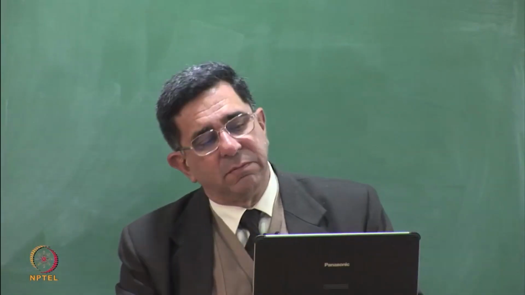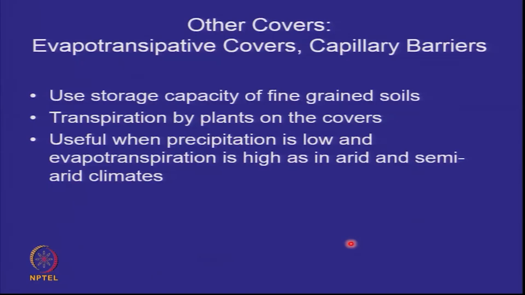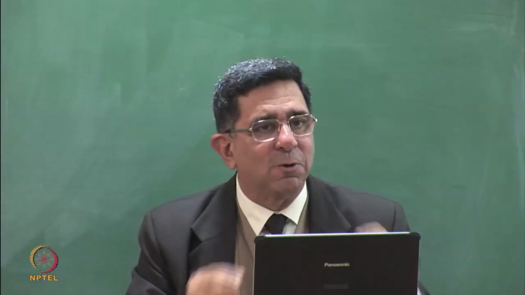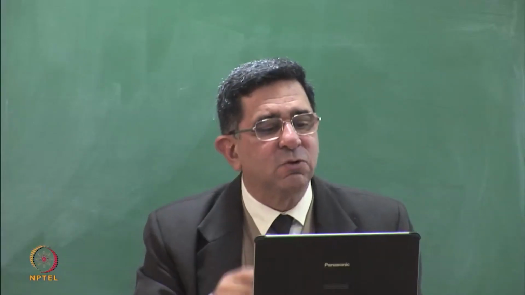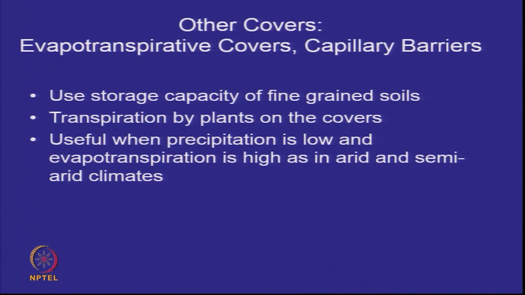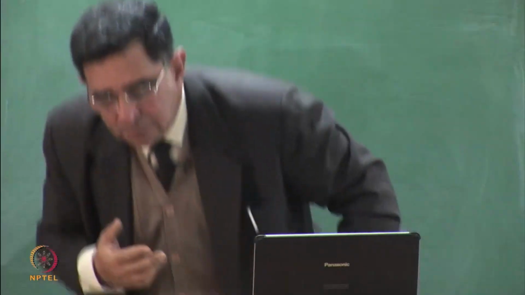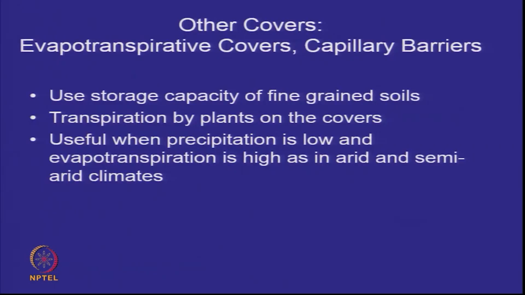Now I'd like to conclude by talking about what we've been discussing: dry tomb landfills, putting in elements which don't allow water to go in. But you will come across two terms which are used very often: evapotranspirative covers and capillary barriers. These are different from the ones we are talking of, and are not yet used in the country but are used in arid and semi-arid climates. An evapotranspirative cover is one where you have soil.